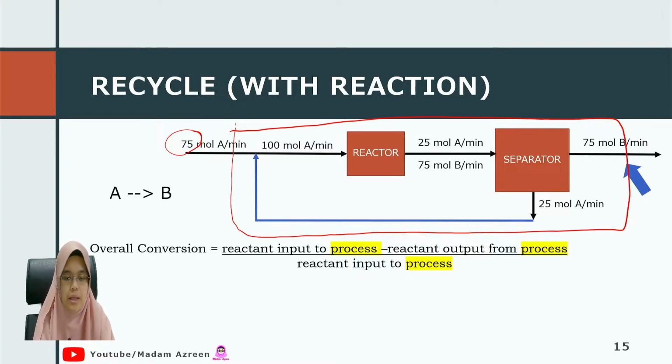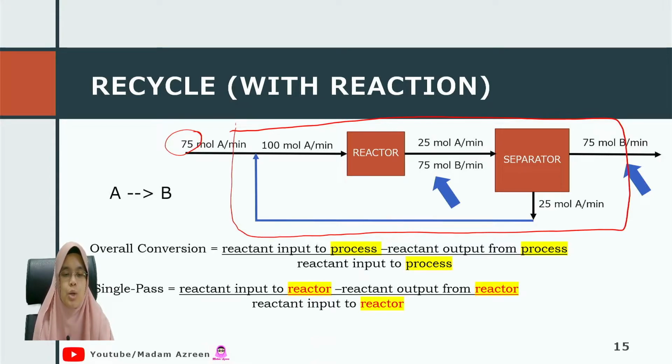Another type of conversion is when you look at a particular reactor. At this reactor, at this boundary condition, it is called single pass conversion. I really hope that you can differentiate between overall conversion and single pass conversion.